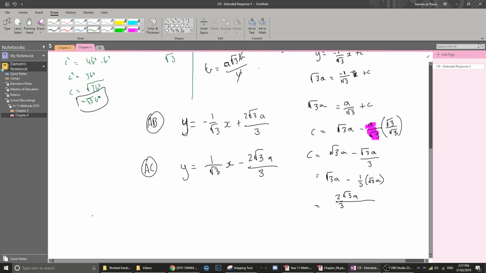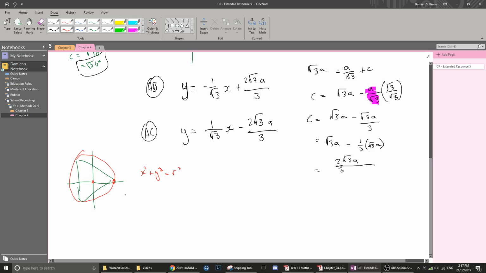We have this equilateral triangle. We have now this new big circle going around. The center is at that point. So we know our equation is x squared plus y squared equals r squared. And all we need to do is find that spot there. That'll give us our radius all the way from the center. How do we find it?